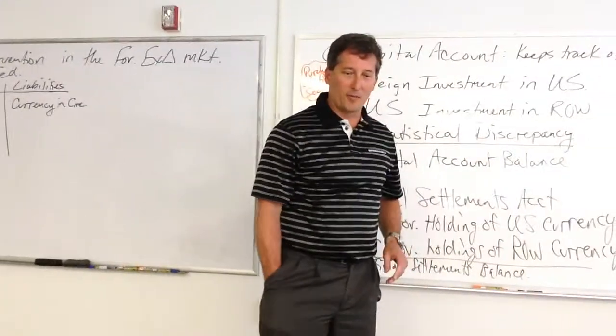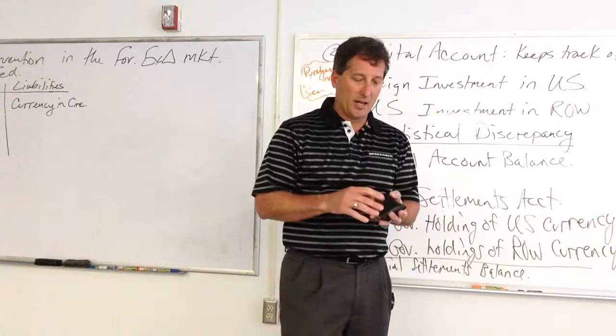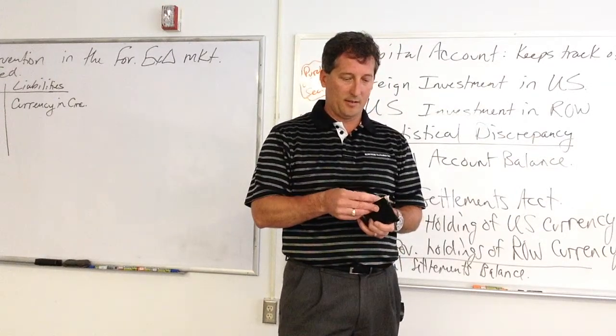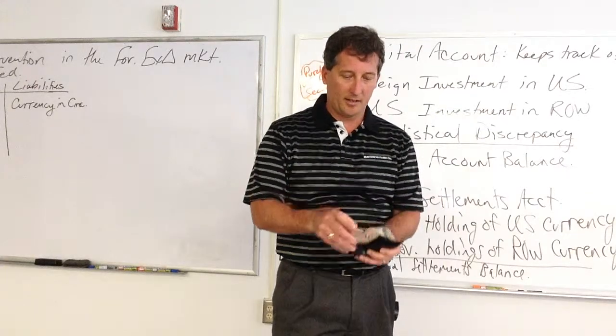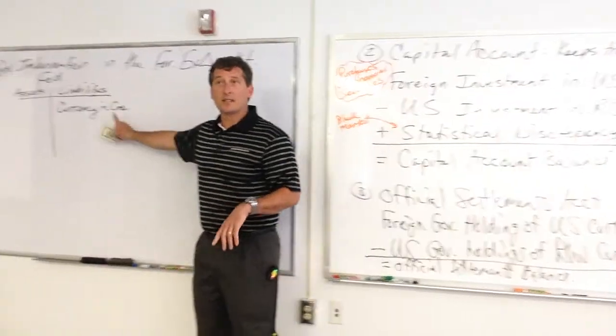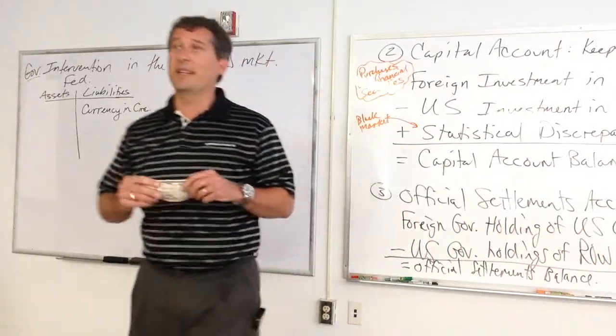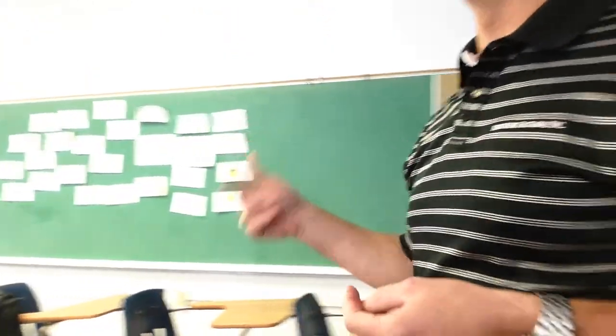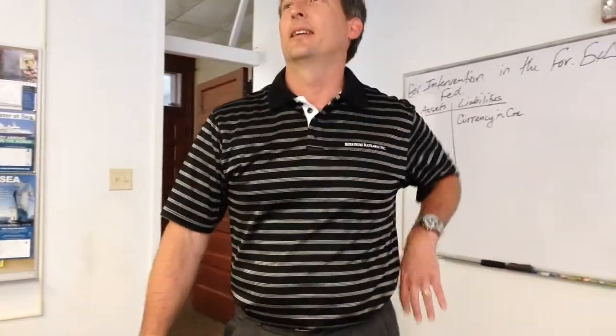Now we've talked about this before. If I go to Janet and I say, Janet, I learned in class, you've got yourself a liability here, and I'm here to say, I want my share. There you go, take it.